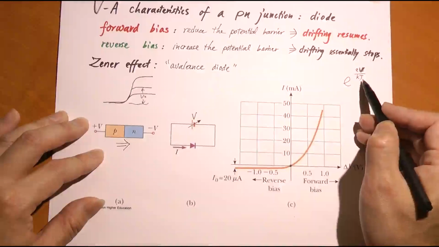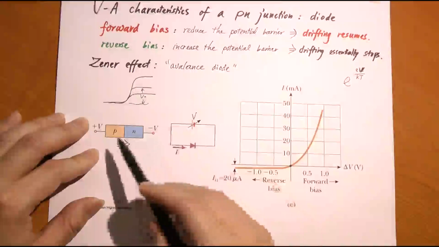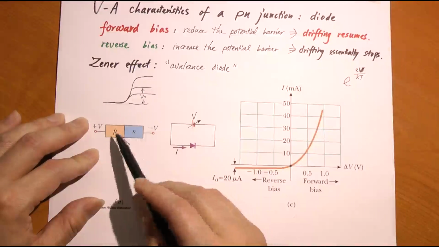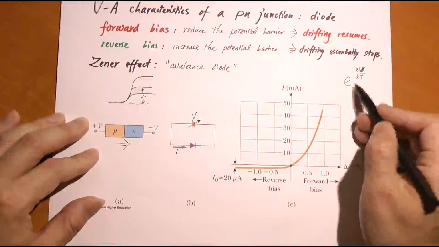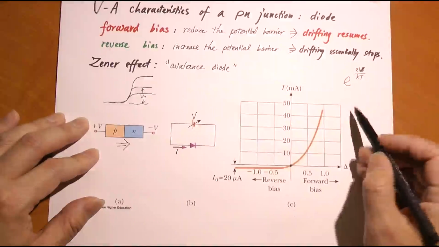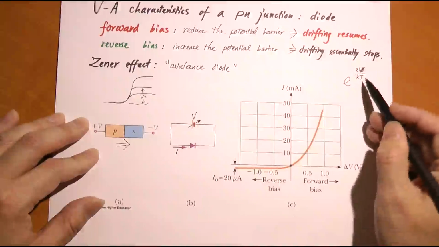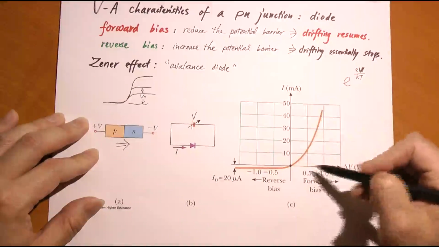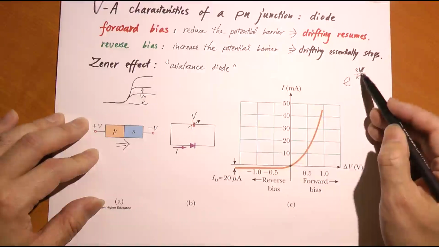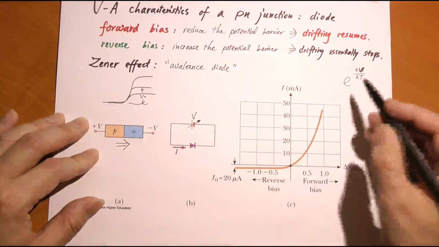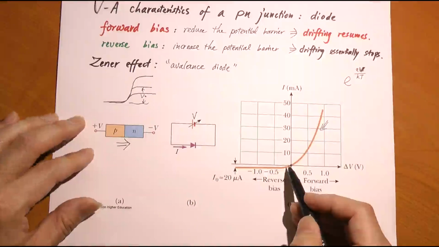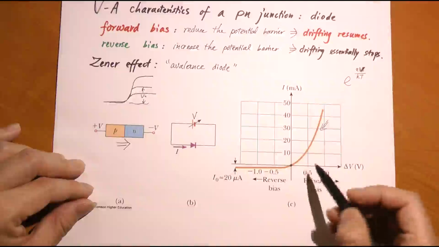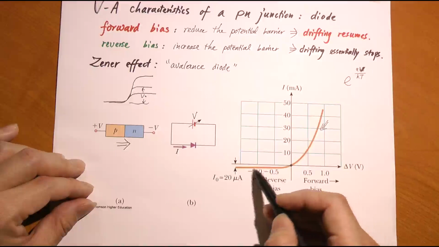So this is the factor by which the probability for a hole to go from here to there would increase. That, of course, is proportional to the current that you're going to get. So you can see here, the current goes up as an exponential function of voltage. Okay, so that's why it looks like this. And when it goes backwards, you increase the potential barrier, so that makes it more difficult. So it's essentially 0, basically.